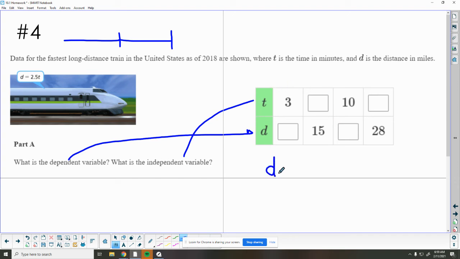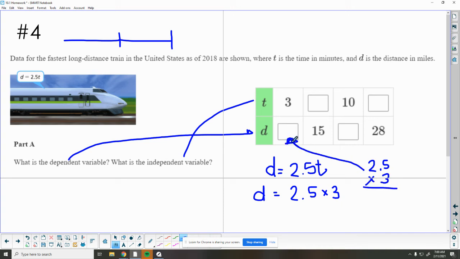So we have D equals 2.5T. So we just need to take each of these and plug it in where it goes. So here we have a T. So we'll start with 2.5 times 3 equals D. Well, D's already alone, so all I have to do is 2.5 multiplied by 3, and that will give me the distance the train can travel.